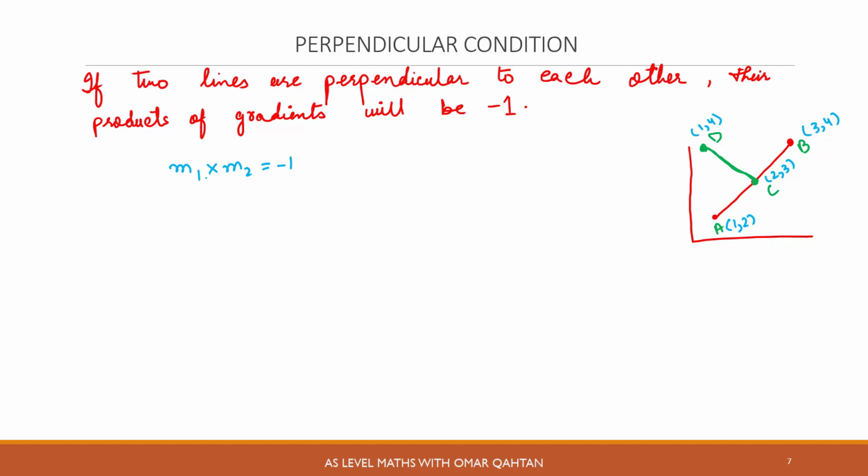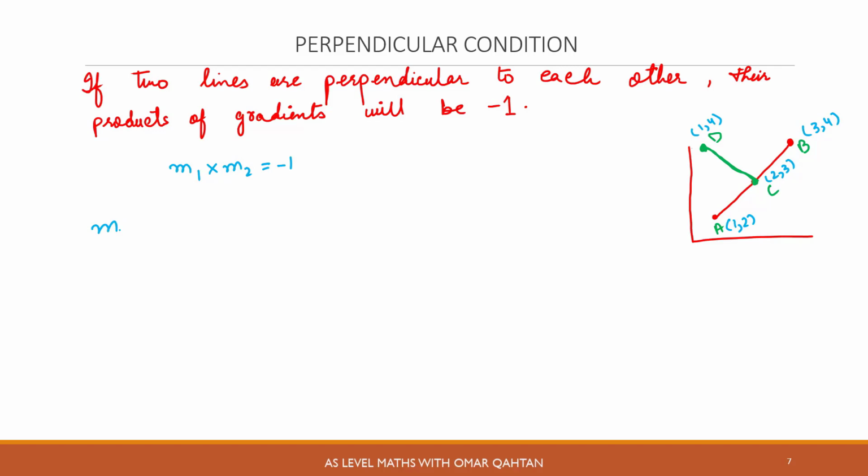In this case we have two lines, line AB and line CD. As we can see over here, this line CD is perpendicular to AB. So let's see if we can prove it with our gradient formula.